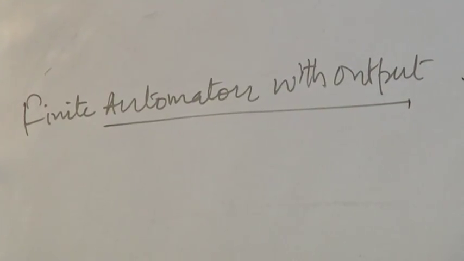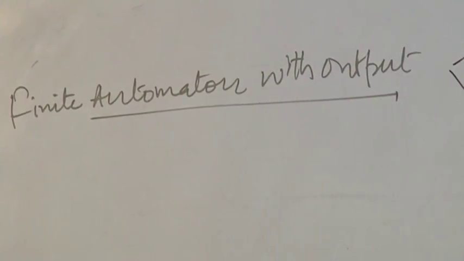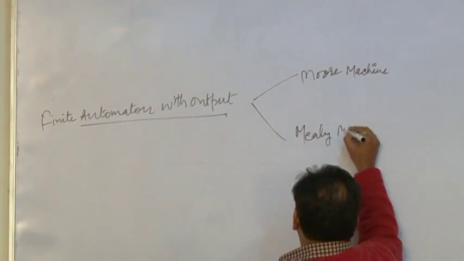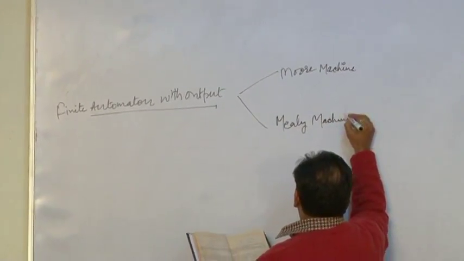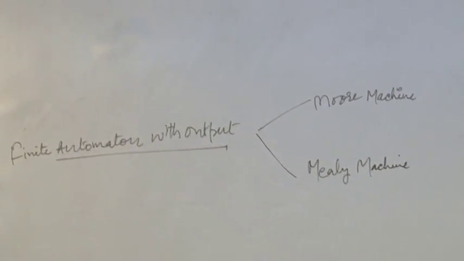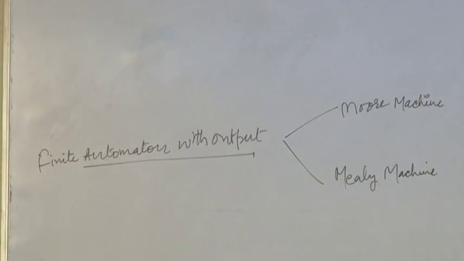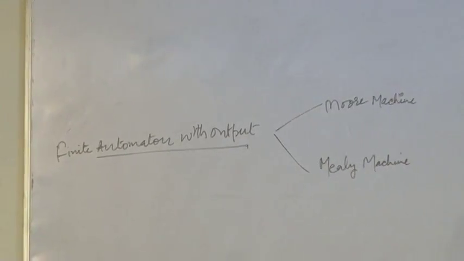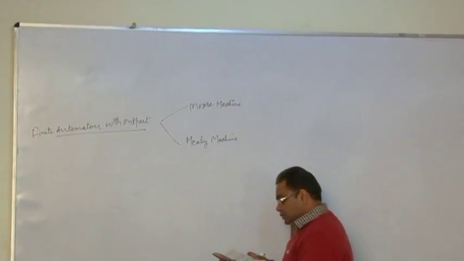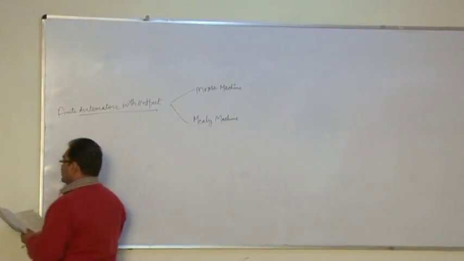One is the Moore machine and another is the Mealy machine. So we start with the Moore machine.